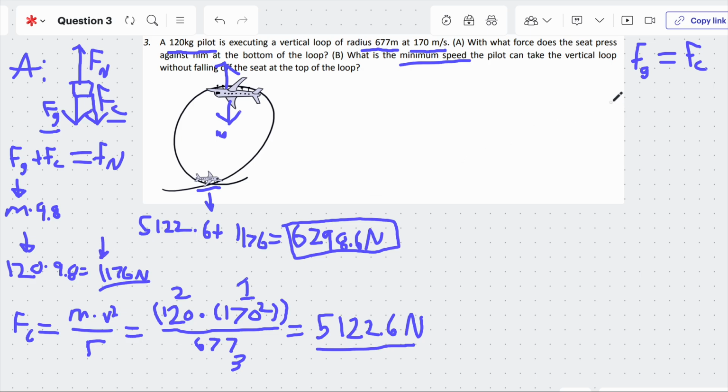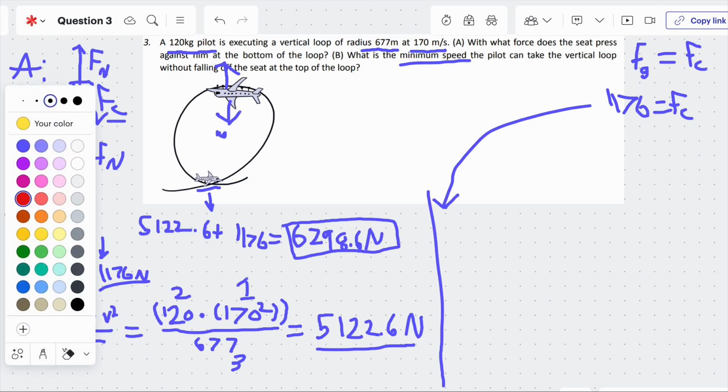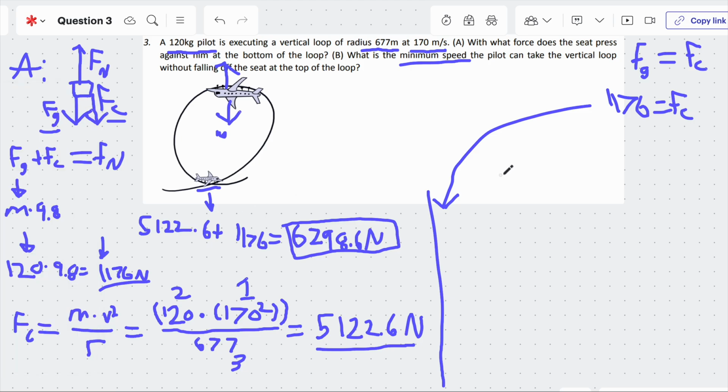So we want to figure out when the centripetal force is 1176. I'm also just going to hop down here for the next step, and I'm going to switch pen colors for this, just to differentiate a little bit. Okay, so we want to figure out when 1176 is our centripetal force.